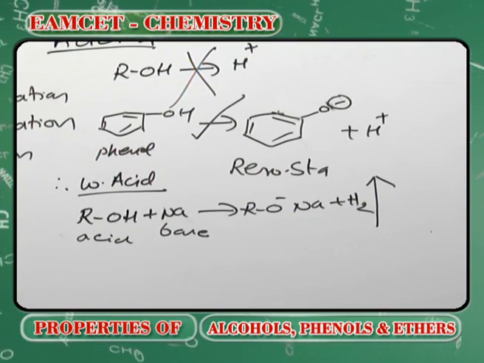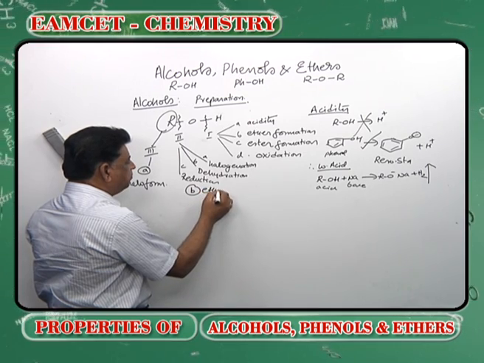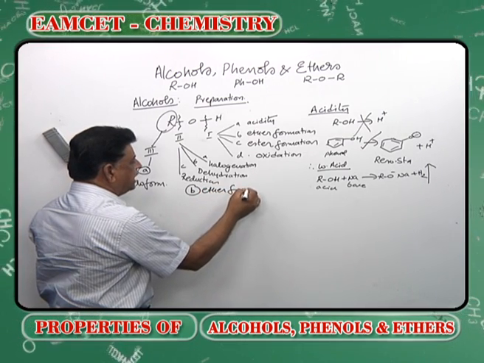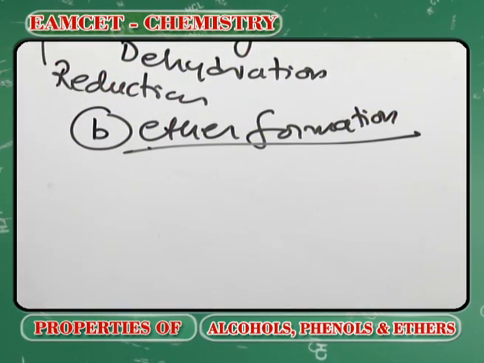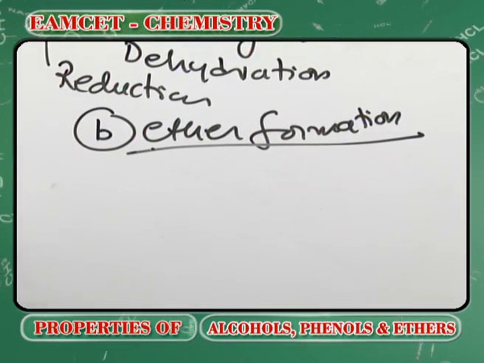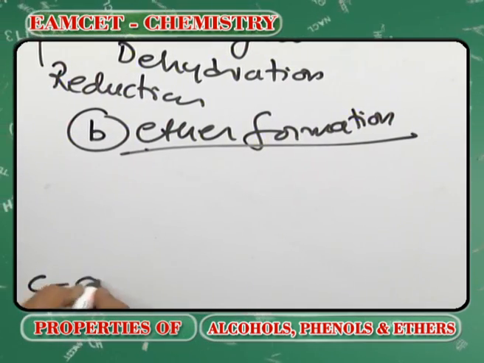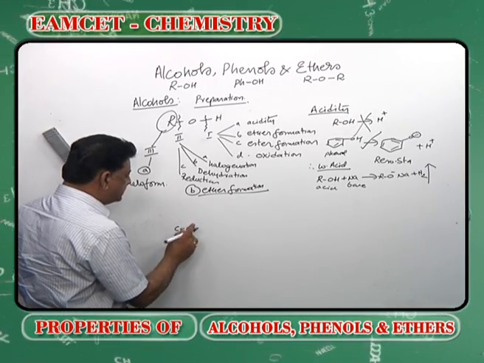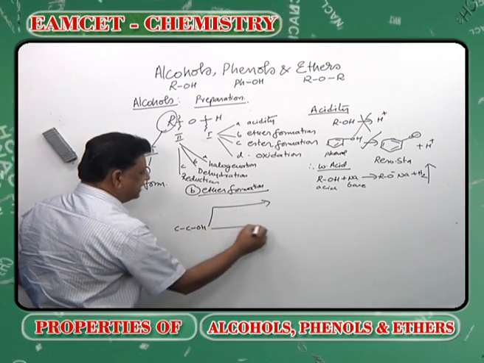However, going to B, that is ether formation, right? Ether formation is a very good reaction. There is some confusion in the reaction, so let us have some elaborated explanation. Ethyl alcohol has three fundamental reactions with the same sulfuric acid.